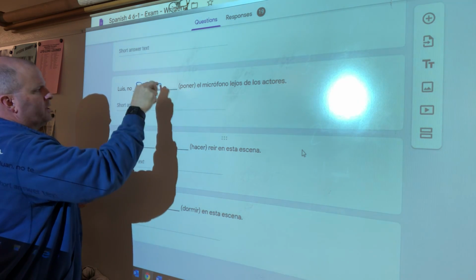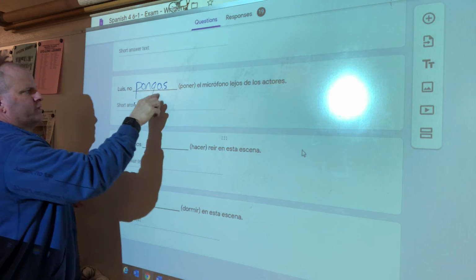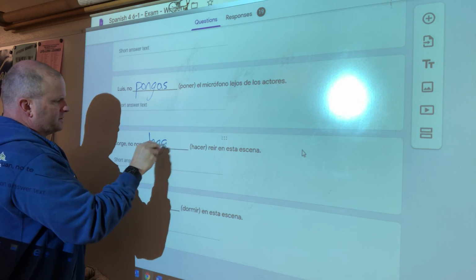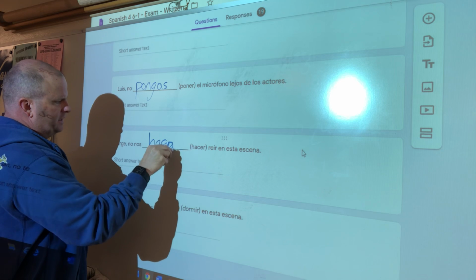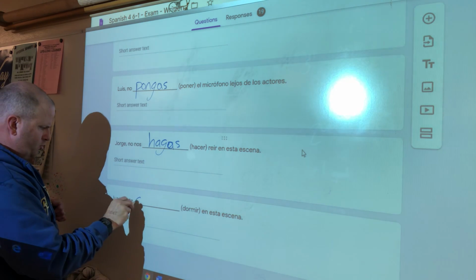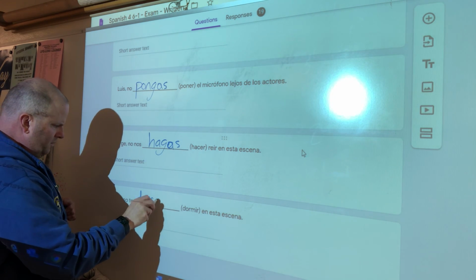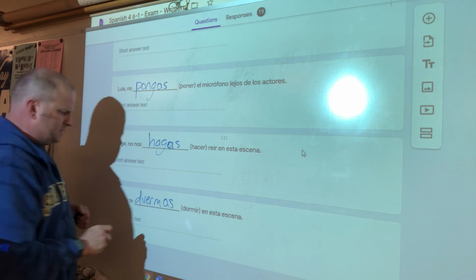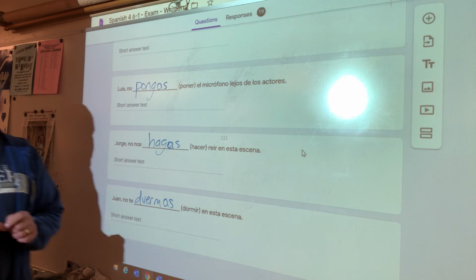And then the ER, we're going to change the o to as. So pongas. Hacer is hago. Same thing, it's an ER verb, so we're going to change the ending to as. Dormir is duermo. And again, IR would change it to as, so duermas. And that's it. That's all there is to it.